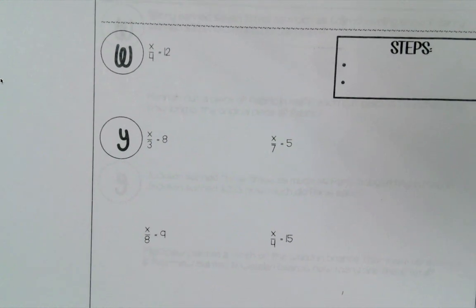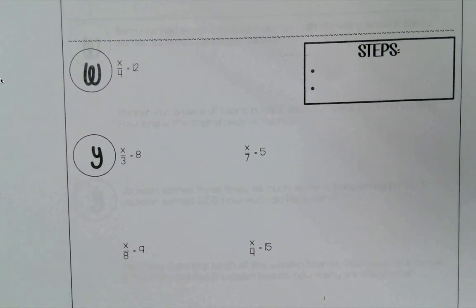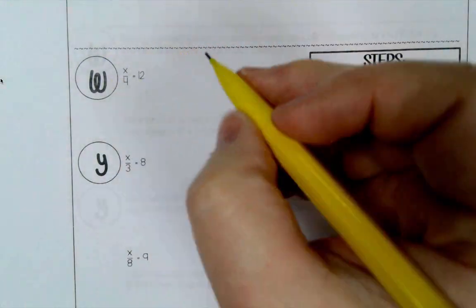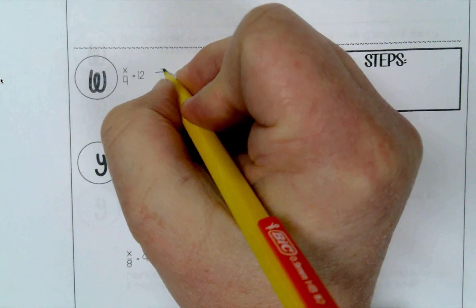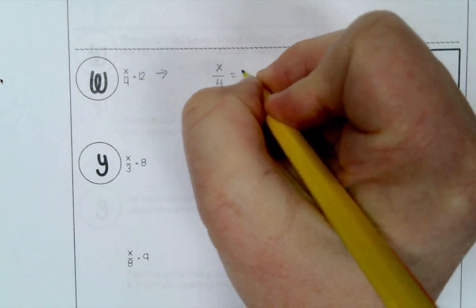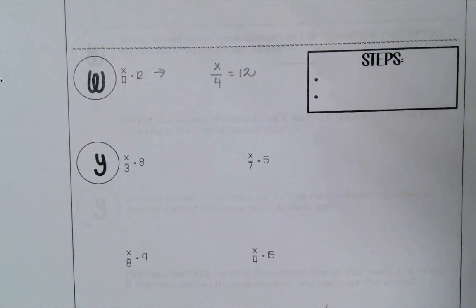Show me. So now we have division equations, okay? And when we divide, the inverse of division is multiplication. I'm just going to show you this example, and I'm going to write it bigger. So this is division. My inverse operation is multiplication.